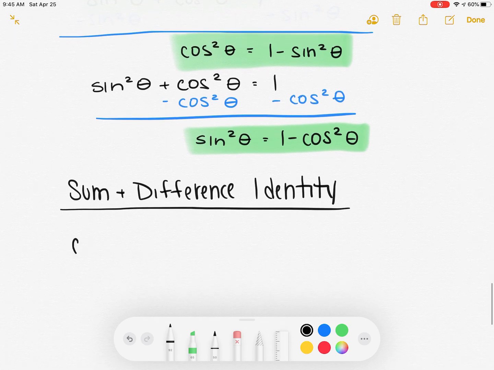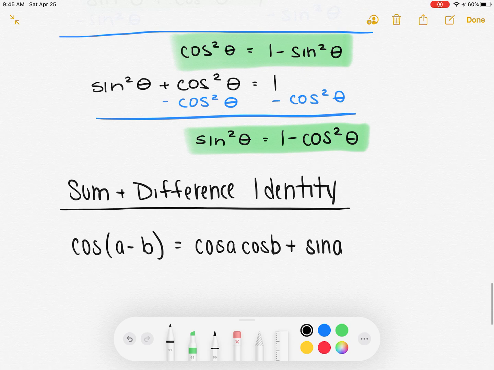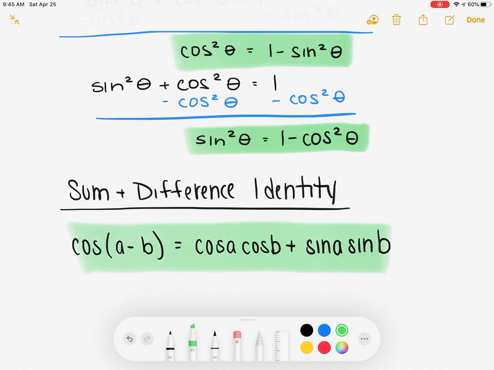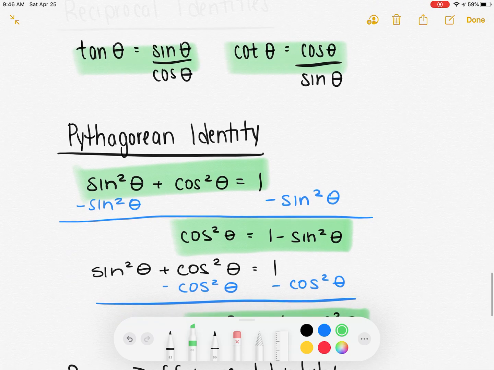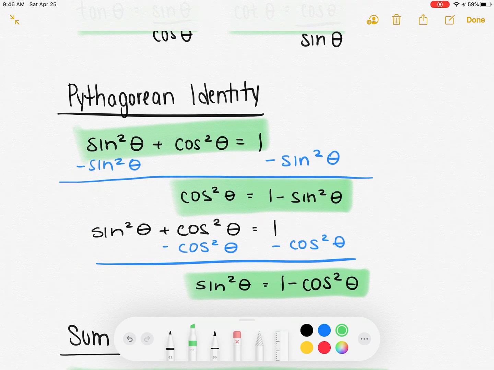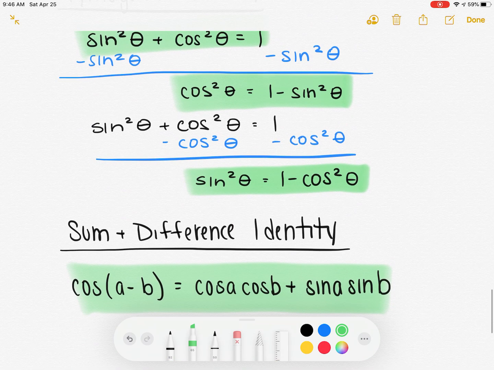You're going to need to know that when you have cosine of A minus B, it's the same thing as saying cosine of A, cosine of B, plus sine of A, sine of B. And by using these identities, you should be able to simplify all 3 of those expressions to the best of your ability and discover which ones actually equal 1.